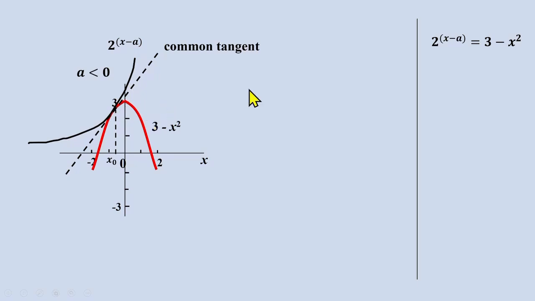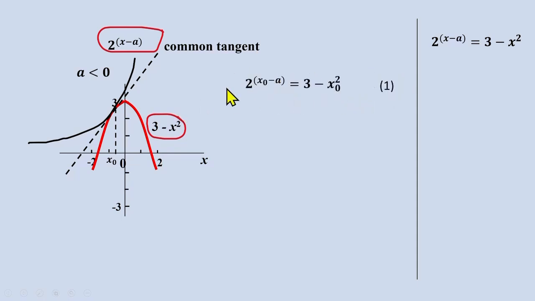First of all, we note that at this point, these two functions have the same value, and for this reason, we have the first equation for x0 and a. The second equation we will obtain taking into account that these two curves have the same tangent at this point.